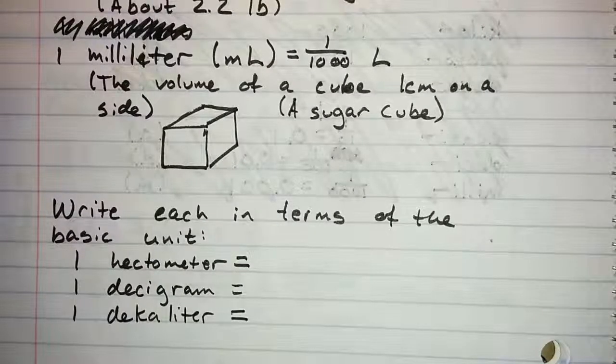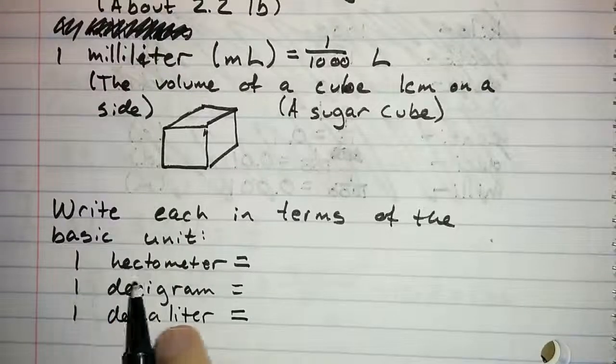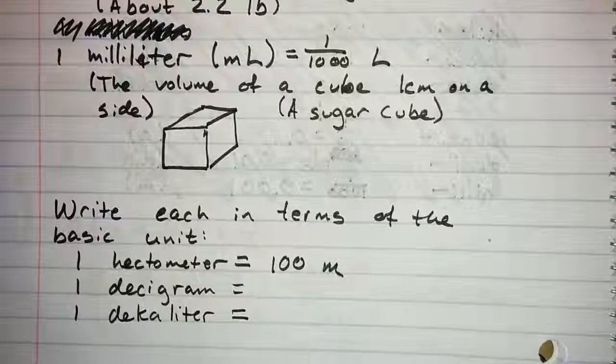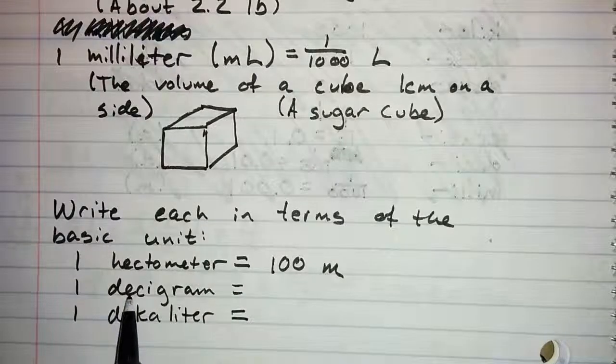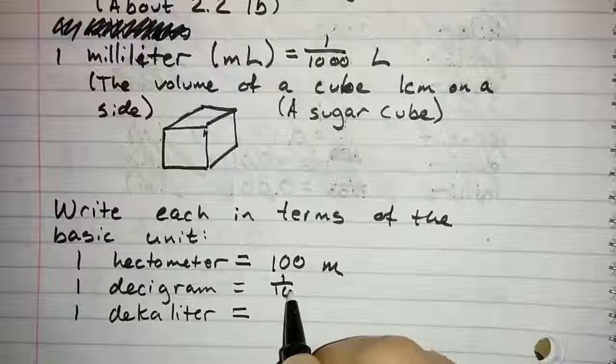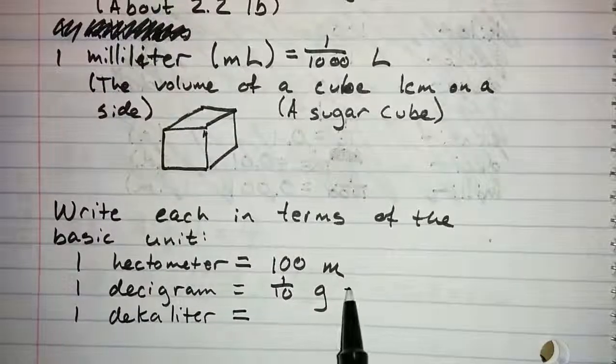Alright, the prefix hecto means 100. So 1 hectometer is 100 meters. The prefix deci means 1/10. So 1 decigram is 1/10 of a gram.